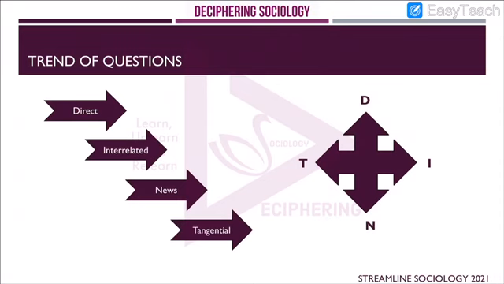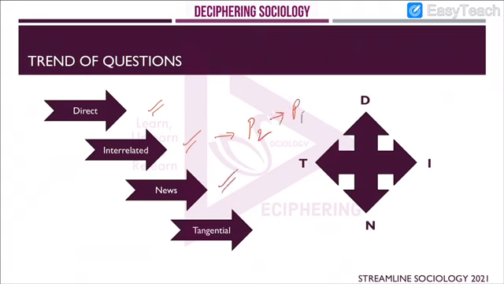When we look at the questions which are asked in sociology, we can classify them into 4 types. First one are those questions which are direct. Second are those questions which are interrelated, or perhaps P2 questions being asked in paper 1.